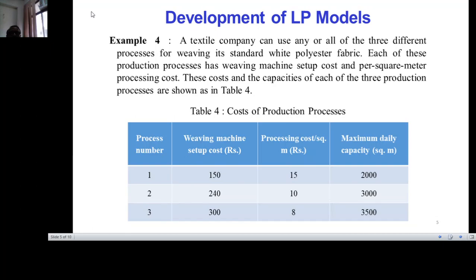And we are assuming that x1, x2 and x3 are the quantities to be produced by process 1, 2 and 3 respectively. So, x1 plus x2 plus x3 cannot exceed 4000, it has to be equal to 4000. So, x1 plus x2 plus x3 is equal to 4000.